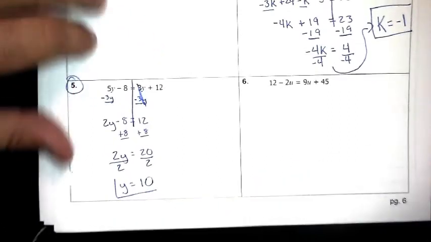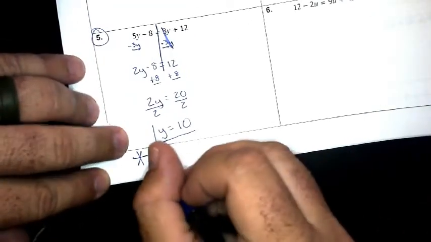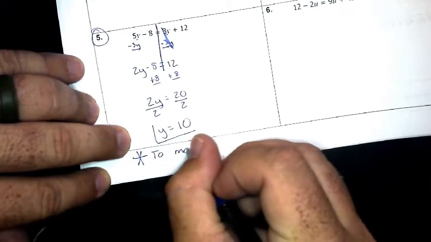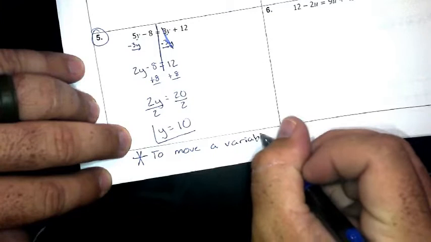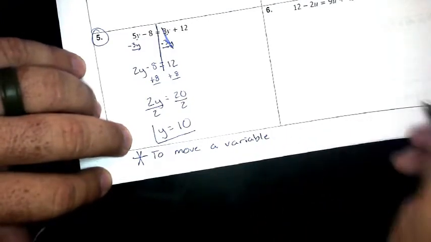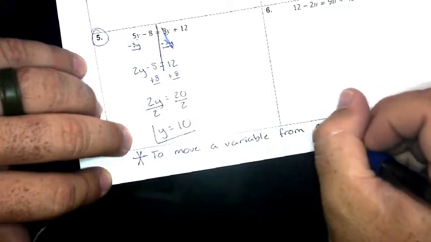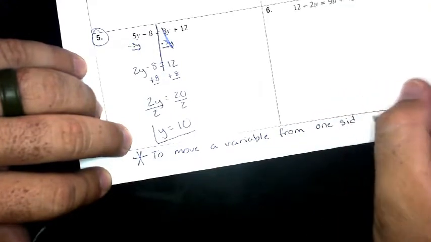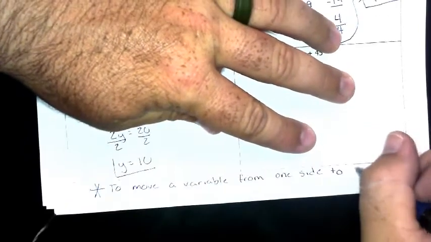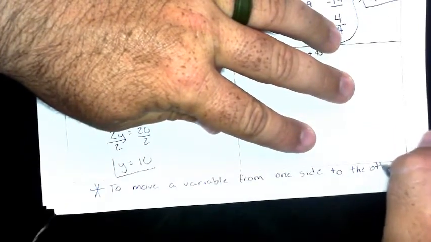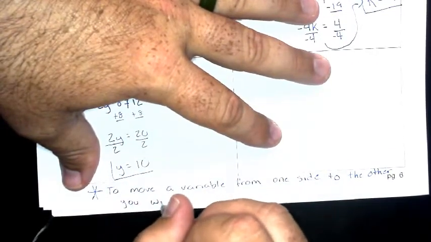Little note. I want you to write this down so you have it. To move a variable from one side to the other, you will add or subtract.